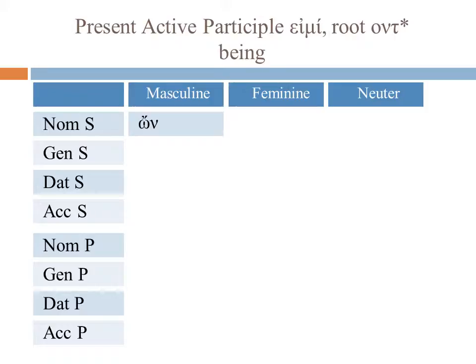Remember, only the very first letter, a vowel, of a word can have a smooth breathing. So if you see smooth breathing, it's a word. And the neuter, remember, is always the same in the nominative and the accusative. And the neuter is ὄν, both in the nominative and the accusative.